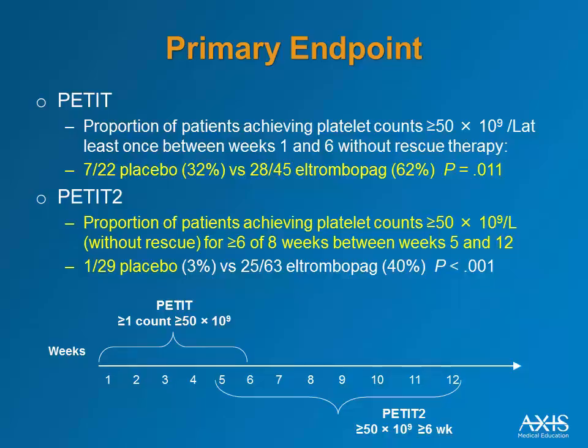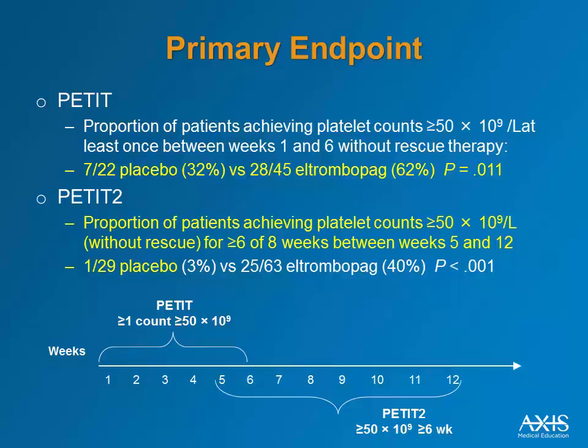In contrast, PETIT2 was a 12-week study, started at a higher dose as indicated, which is an important point I'll come back to in a minute, and required 6 of the last 8 counts to be greater than 50,000 without the benefit of rescue therapy.